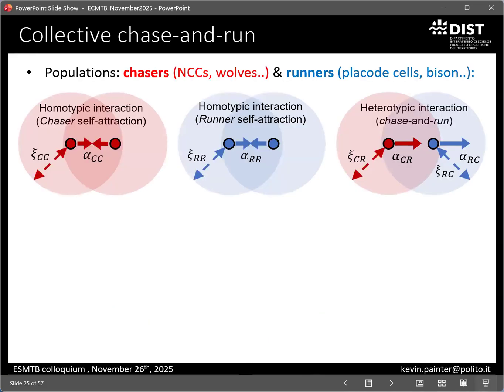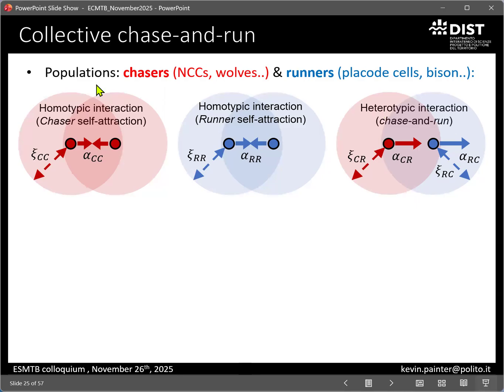So to investigate this, we consider two populations, the chasers and the runners. My chasers are the neural crest cells, the runners the placode cells. You could take this model and put it into an ecological perspective if you thought about your chasers as wolves and runners as bison, etc. And we have the following set of interactions: the chaser self-interaction that happens across some range, the runner self-attraction, which occurs across some range, and then the chase and run, which again is going to be happening over some range of interaction.